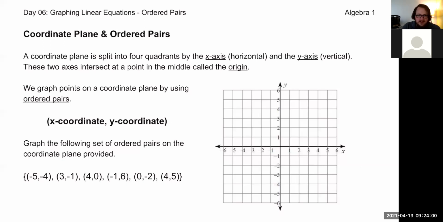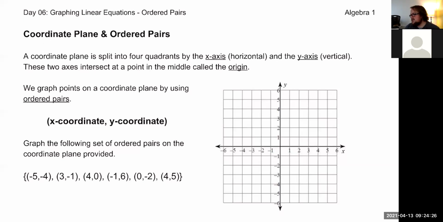So the first thing we have here is a coordinate plane. Most people typically just refer to it as a graph, but a graph can take on many forms. This very specifically is a coordinate plane, which allows us to graph up to two-dimensional objects. And it's usually split into what's known as 4 quadrants, 4 unique sections of the graph.